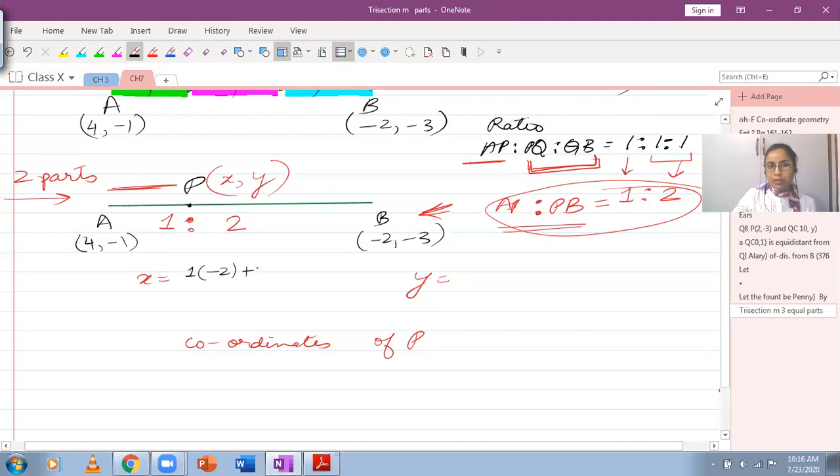Cross multiplying. Remember, you are using the abscissas to find X and the ordinates to find the Y coordinate. So 1 into -2 plus 2 into 4 over 1 plus 2.